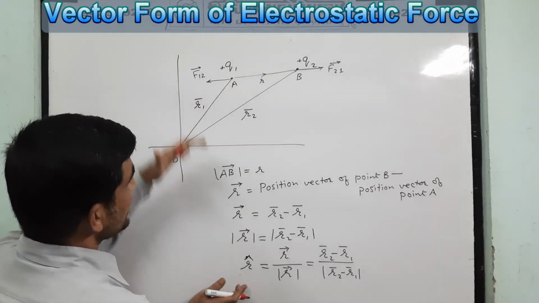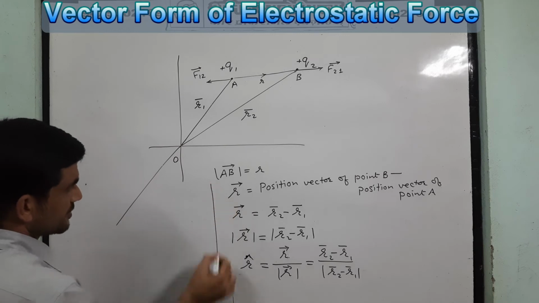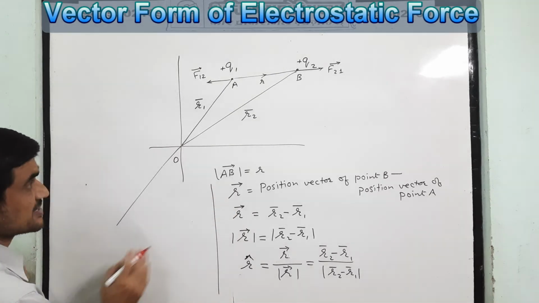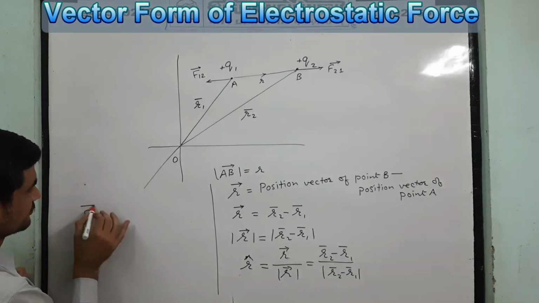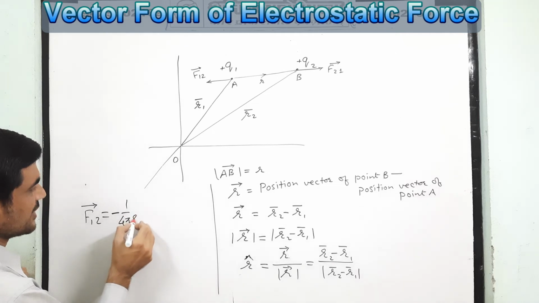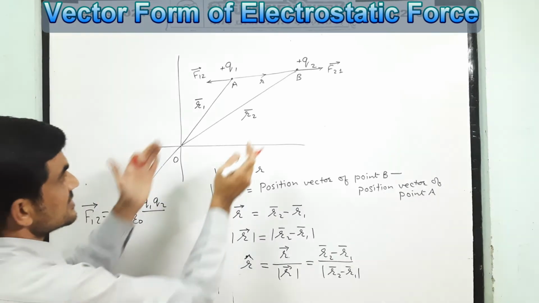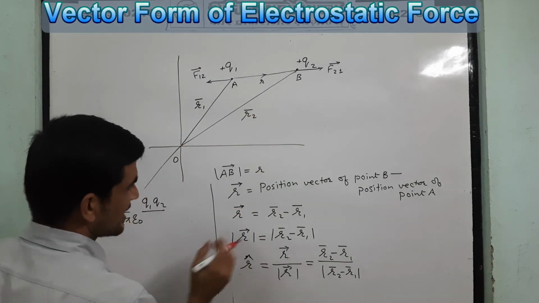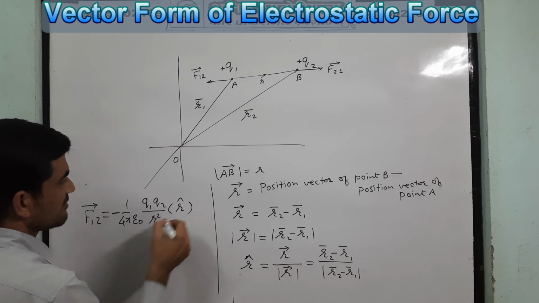So now you can express the force as I mentioned earlier. So here we can say F12, that is minus sign 1 upon 4 pi epsilon naught q1 q2 divided by the distance r squared. You can express its direction as r cap.